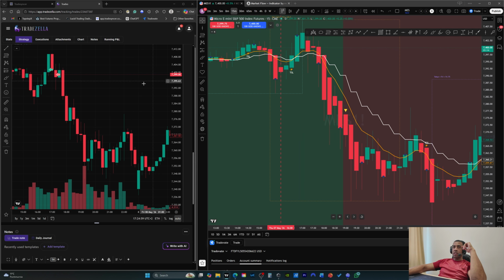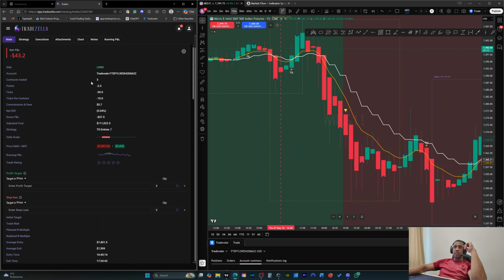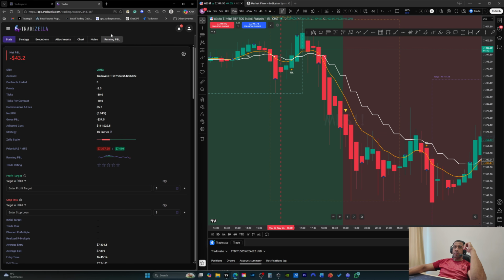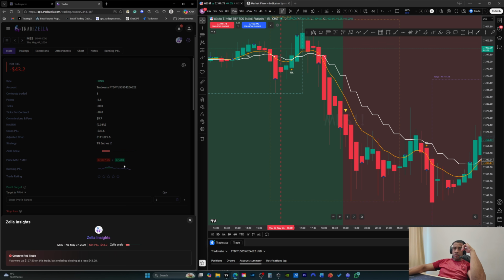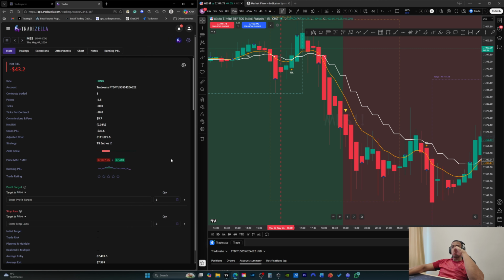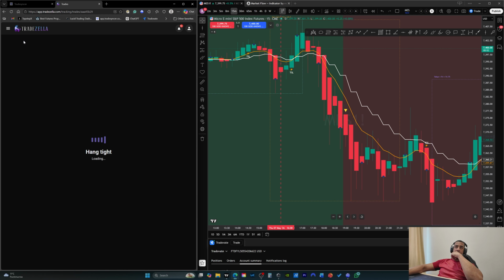So that was the second one, and I lost 43 bucks. I was actually up $127 on this trade, but I ended up closing at a $43.20 loss. So let's go to the next trade.